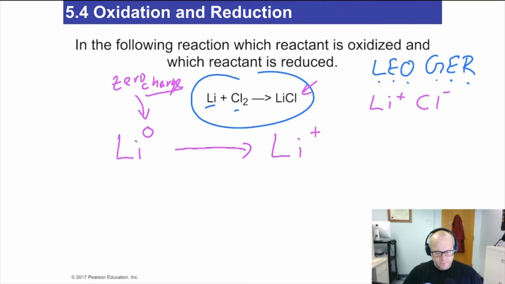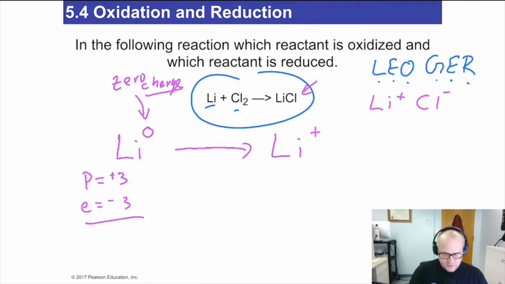Well, look at the periodic table I have on my wall here, and I find that lithium is element number 3. So lithium has 3 protons and 3 electrons for a grand total of no charge. That's the lithium atom. Now over here on the right, the protons are positive 3. The electrons, let's just say we don't know.